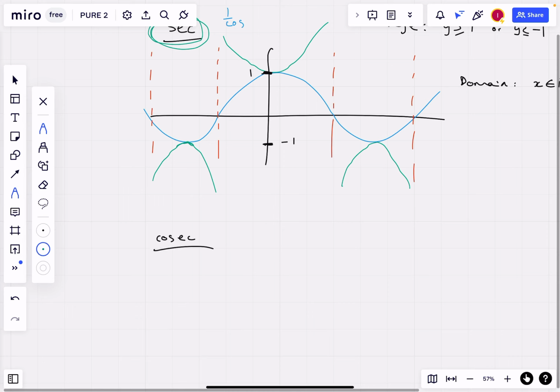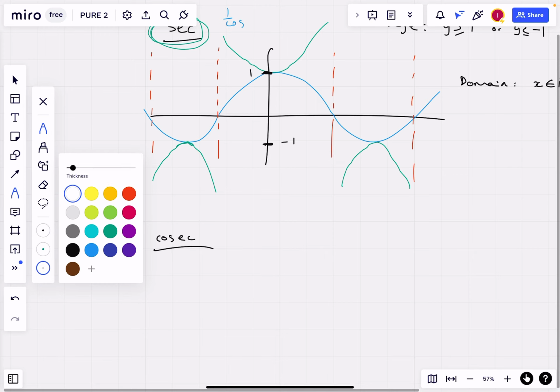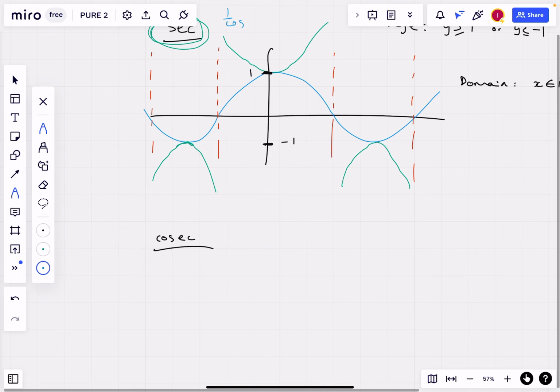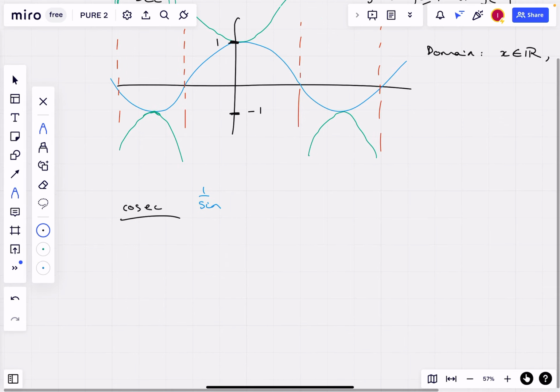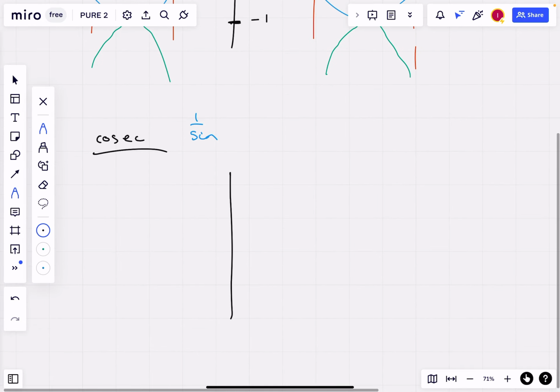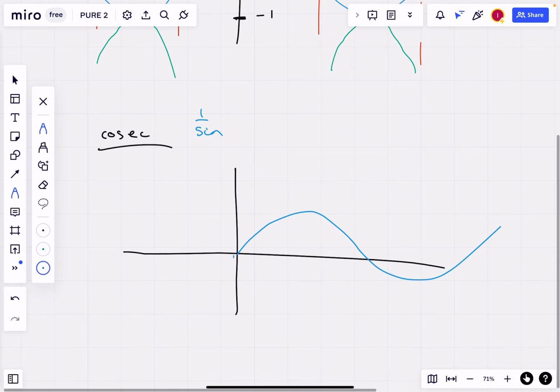Cosec is 1 over sine. So, you draw the sine graph like this. You do the intersections in red.